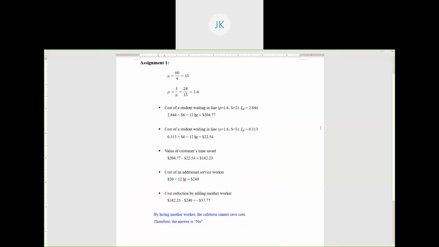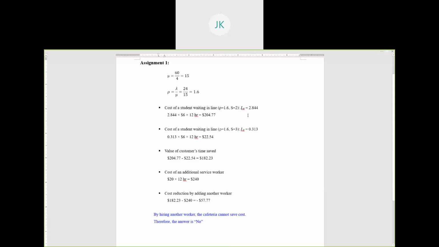So look at the answer. Average utilization is 1.6, and the number of servers is 2, then LQ is 2.844.